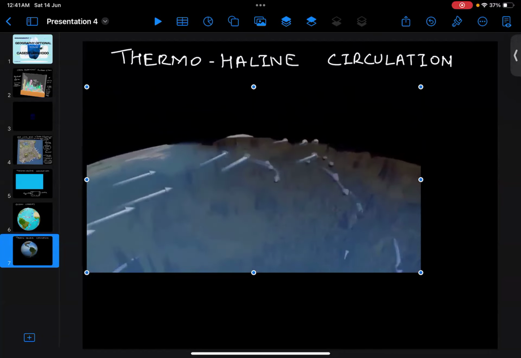Now, on the basis of the same upwelling and downwelling phenomena, the ocean currents are also based on a similar concept, but here the major driving force is wind. For example, easterlies and westerlies are responsible for the movement of the wind in different regions.